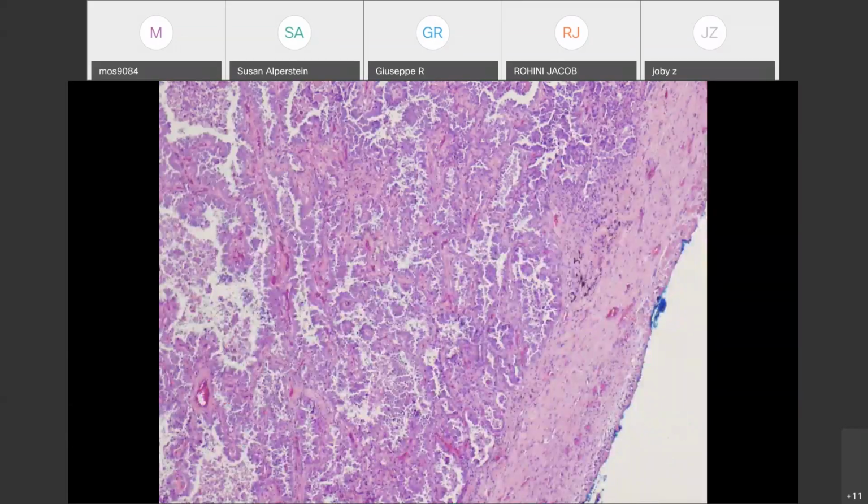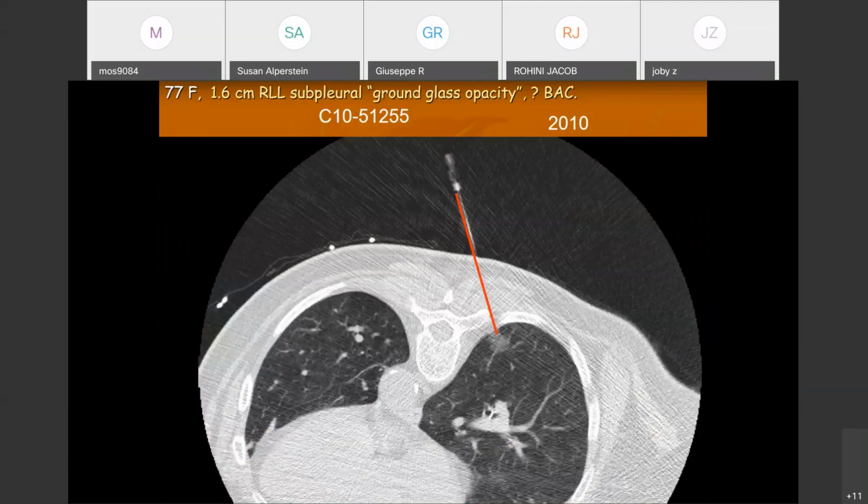And here's a recap of that case. In this case, elderly woman with a little subpleural ground glass opacity, clinical radiologist impression bronchoalveolar carcinoma, the old-fashioned term.